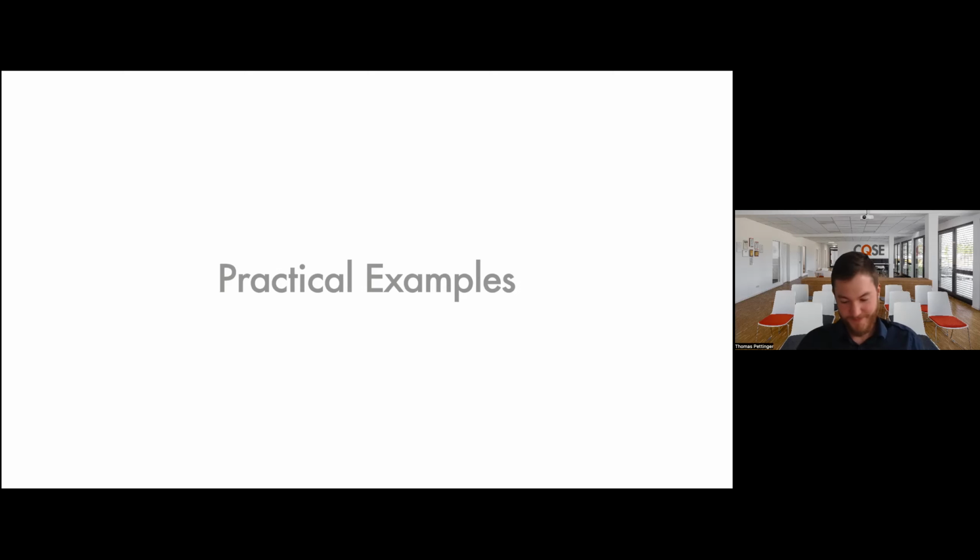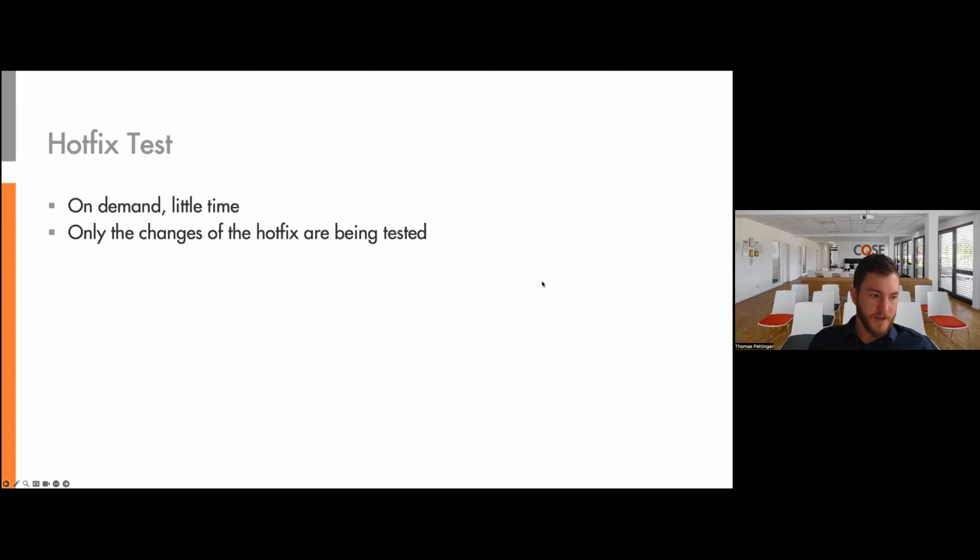All right. Then I'd like to show you some practical examples of how our customers are using test gap analysis. The first example is a so-called hotfix test. This is essentially a bug that appeared in production and that your customers found.